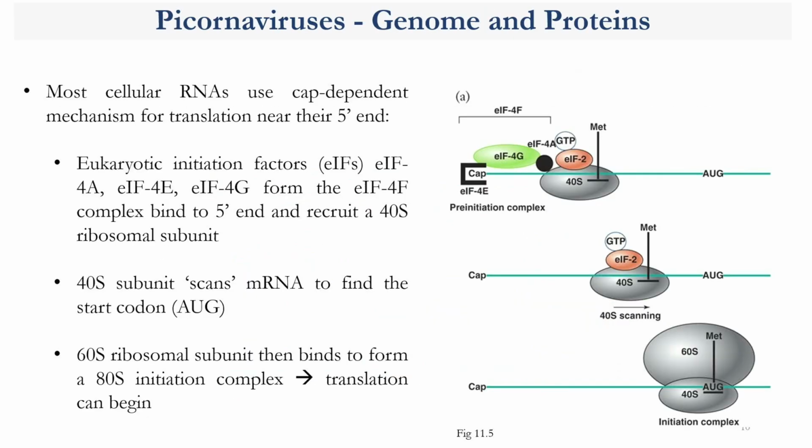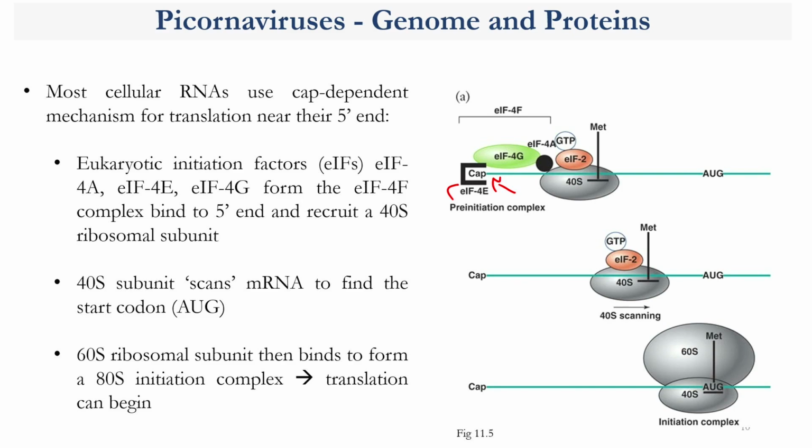most of the cellular RNAs, they are translated in a cap-dependent mechanism because there is a set of proteins that bind to the 5' cap of the mRNA, okay? So, for example, here's your cap, and then you have your initiation factors. So the various translation initiation factors.